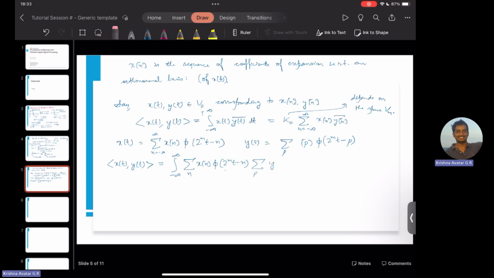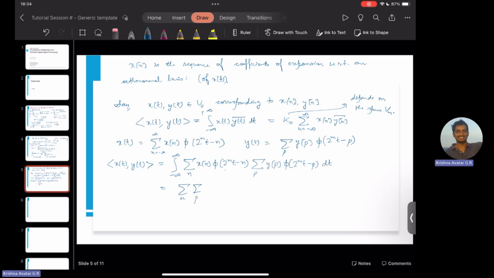So we have y_p, p of 2^m t minus p, and then integrate over t, which happens to be the running or integration variable. What we can do here is bring both of these summation symbols outside the bracket, outside this integral.